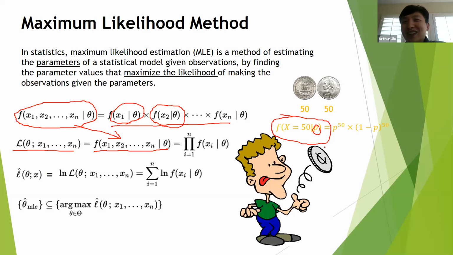So if we define landing a head as a success, then this P represents the probability of having a head, right? Okay, now, this is the likelihood here. What's the probability that if this guy tossed this coin 100 times, it ends up with 50 successes and 50 failures, right? So that's the probability.